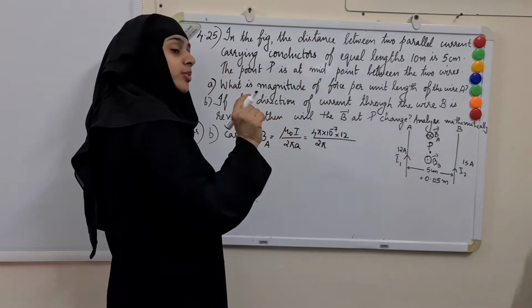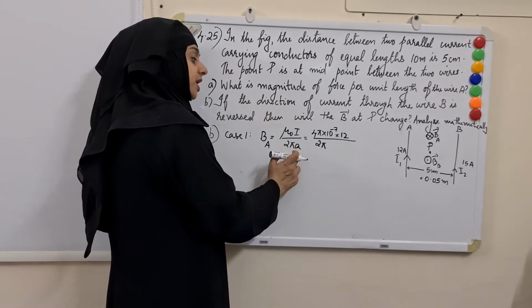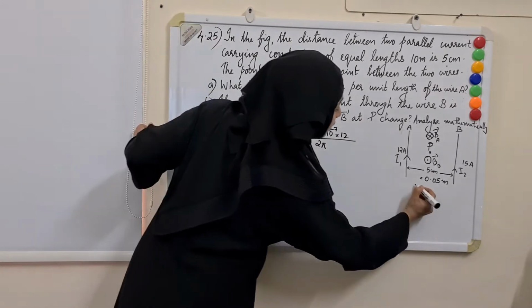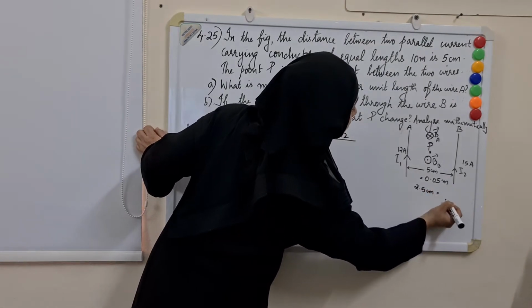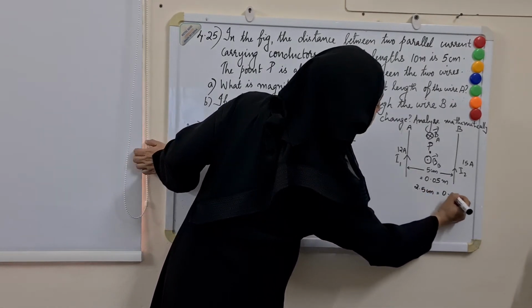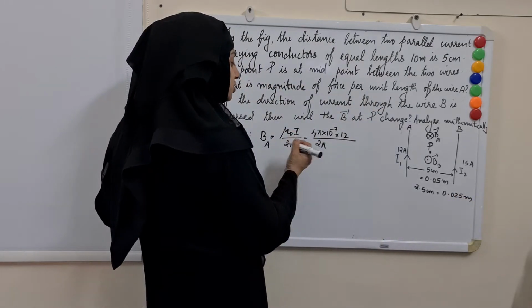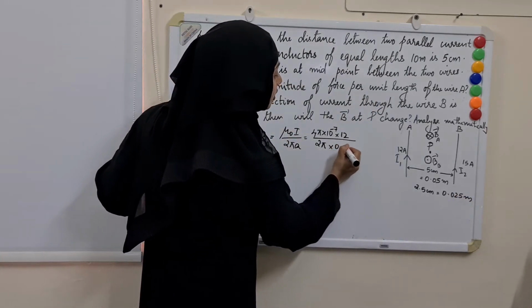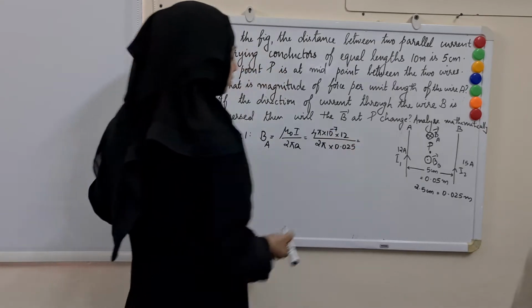That is 2.5 centimeter. Now we have to express the value in meters. So 2.5 centimeter will be equal to 0.025 meters. So you have to put here instead of A 0.025 and you will get a value. What is the value?